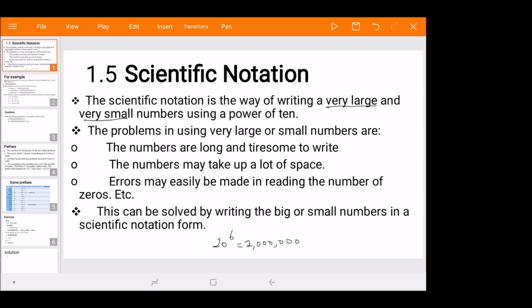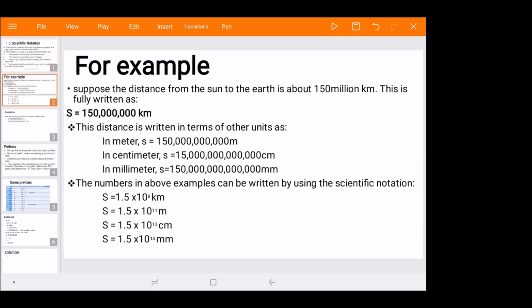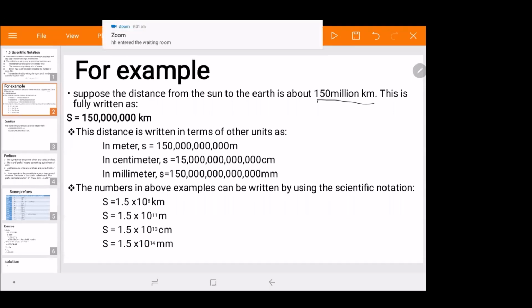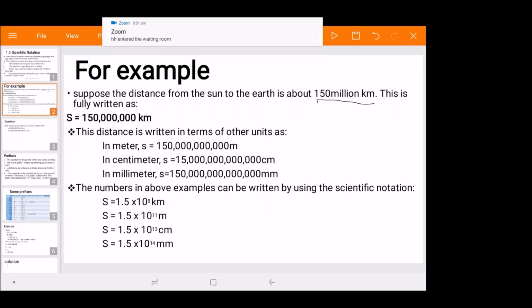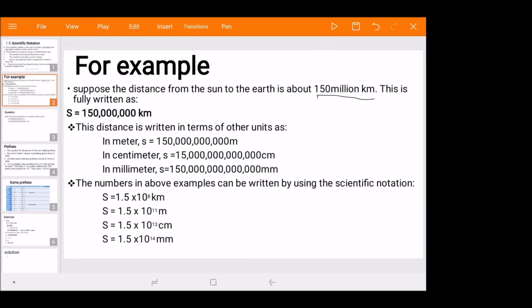For example, suppose the distance from the sun to the earth is about 150 million kilometers. When we write this fully, the distance takes all this space.